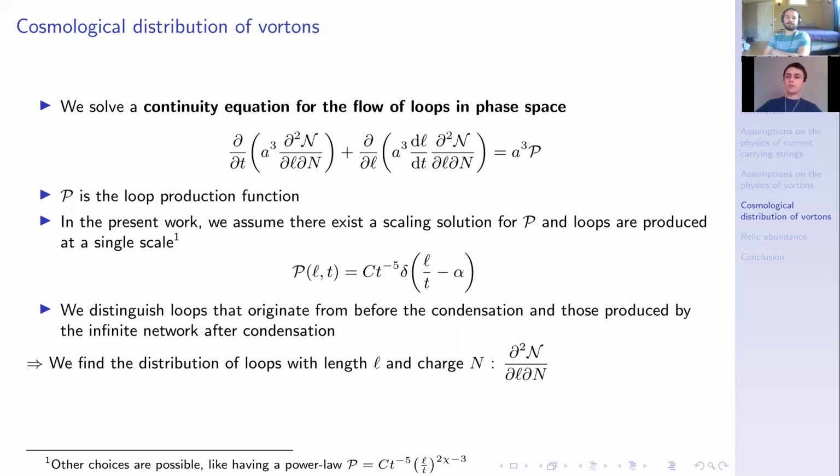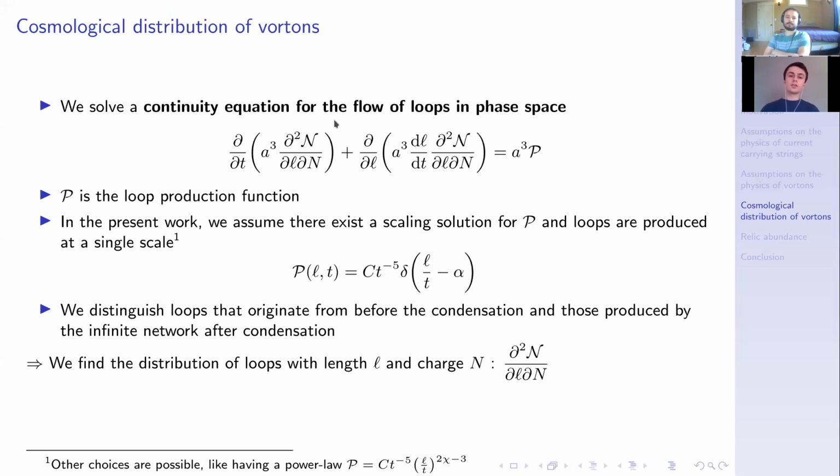So now that we have established a framework for the production and the evolution of these loops and finally these vortons, we study dynamically how these evolve. And we write a continuity equation for the flow of loops in phase space. So here the phase space is time, the length, and the charge.